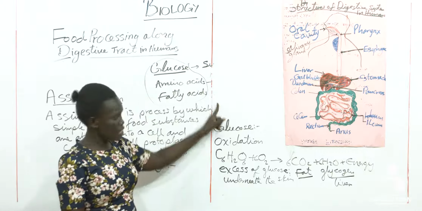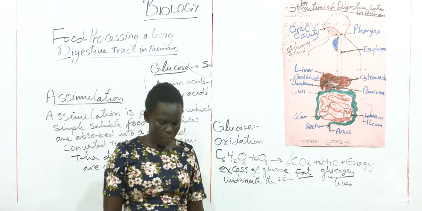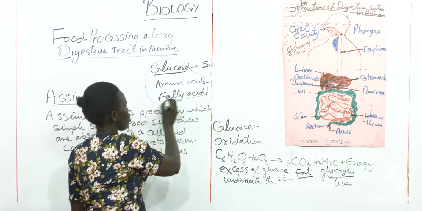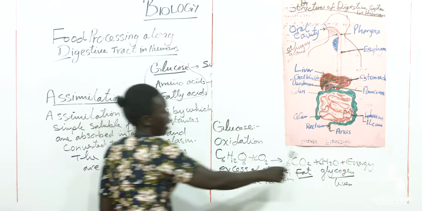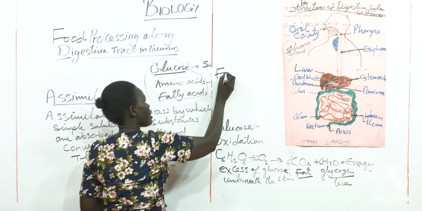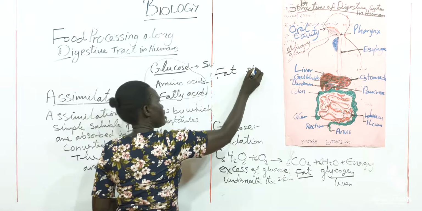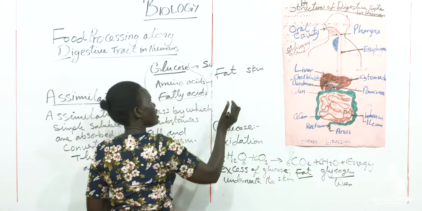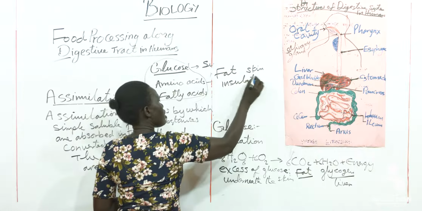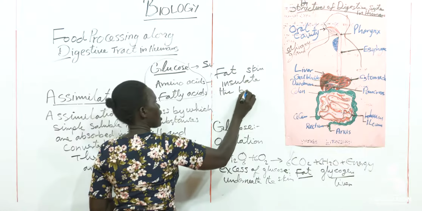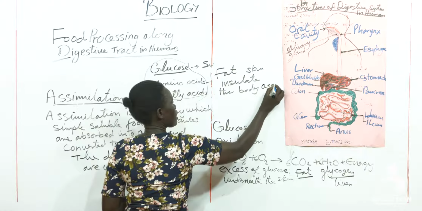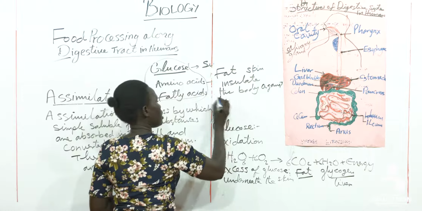And its function is to insulate the body against cold. When the fatty acid is oxidized, it releases energy. The excess of it will be stored as fat under the skin. It is there to insulate the body against the cold.